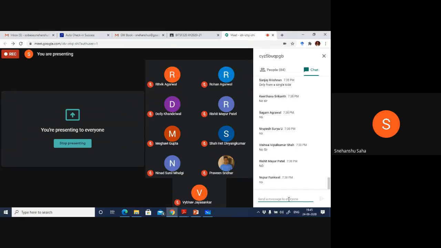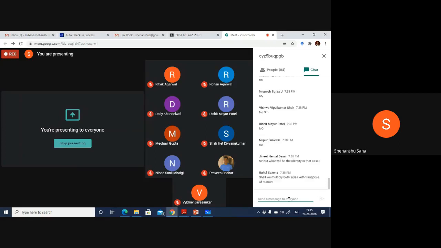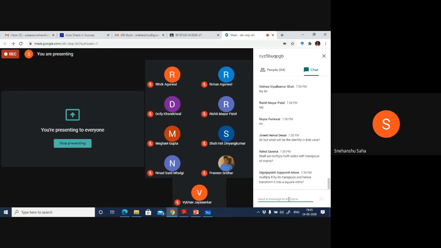If you have a non-square matrix, can you not multiply that non-square matrix with its transpose? Yes or no? Forget the identity. You cannot directly compute the inverse of a non-square matrix. But let me ask you this.